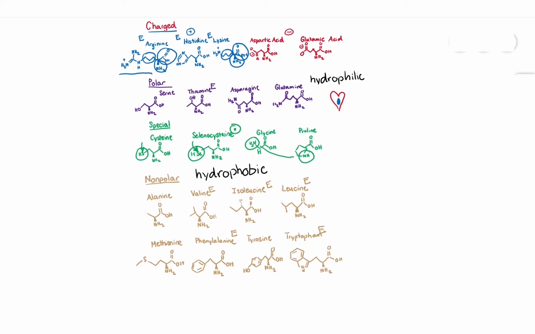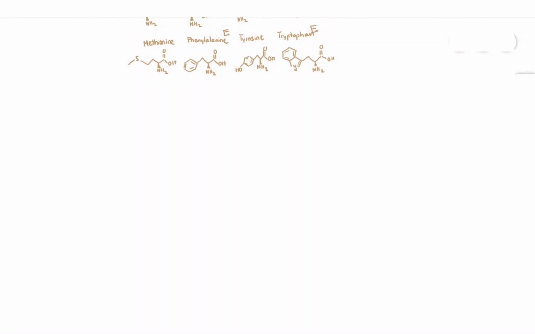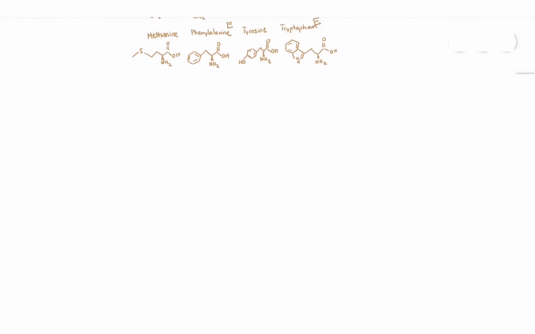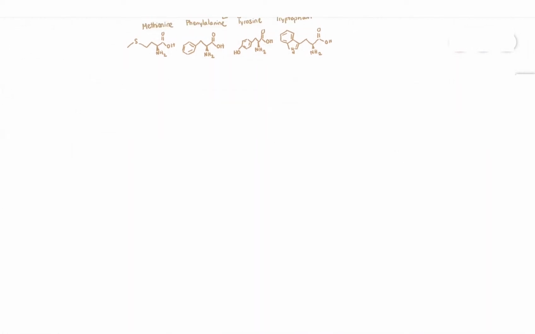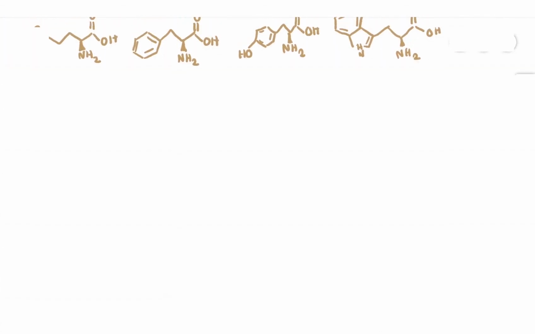Now I'll explain how amino acids come together to create proteins in a later lesson on transcription and translation, but an important characteristic of proteins is protein folding. And this is extremely important because it dictates the function of the proteins.